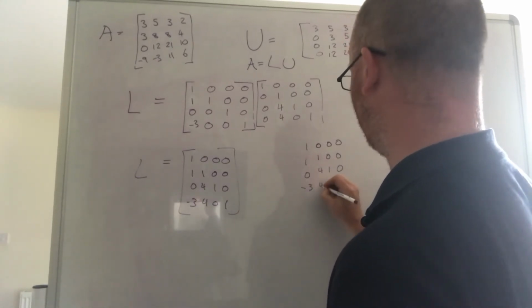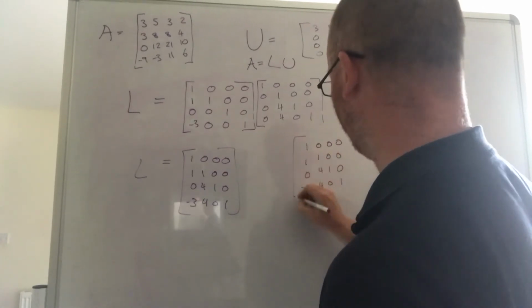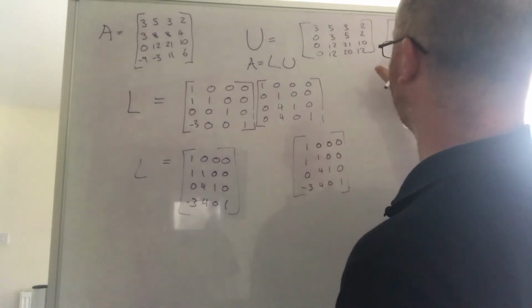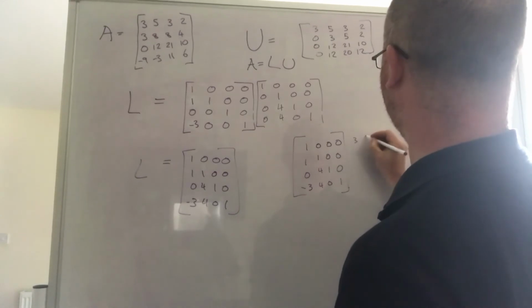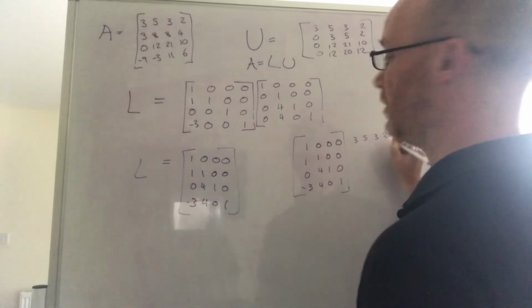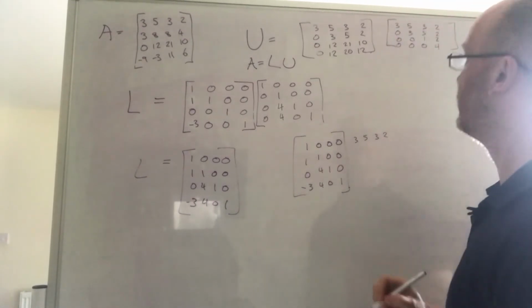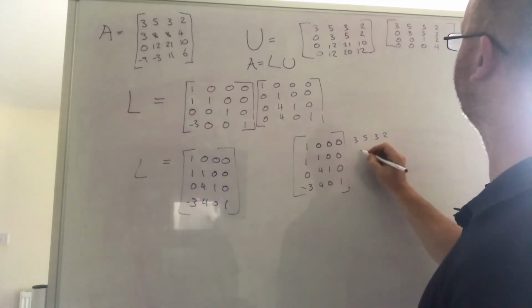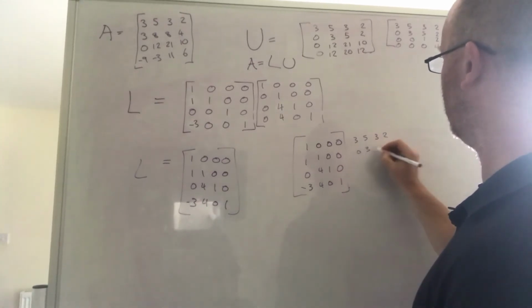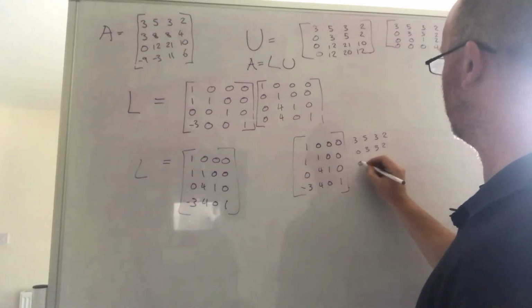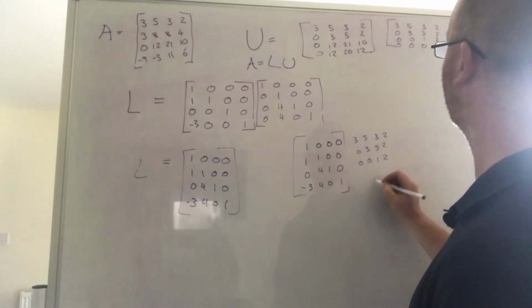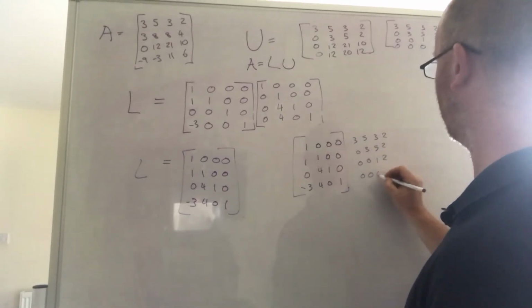Minus 3 4 0 1. I'm going to multiply that by the upper matrix, which is 3 5 3 2, 3 5 3 2, 0 3 5 2, 0 0 1 2, 0 0 0 4.